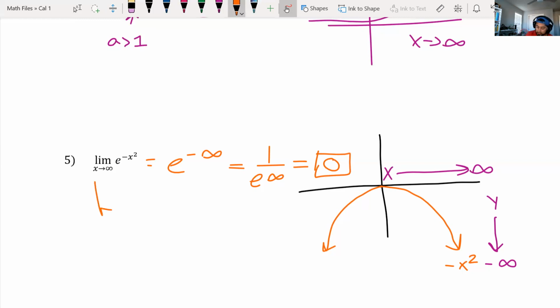We could have rewritten this one as the limit as x approaches infinity of 1 over e to the x squared. And now, if x is approaching infinity, this means you'd get 1 over e to the infinite power, because your denominator is getting larger and larger and larger. And again, it's going to head towards what number? 0. Everybody good with that?